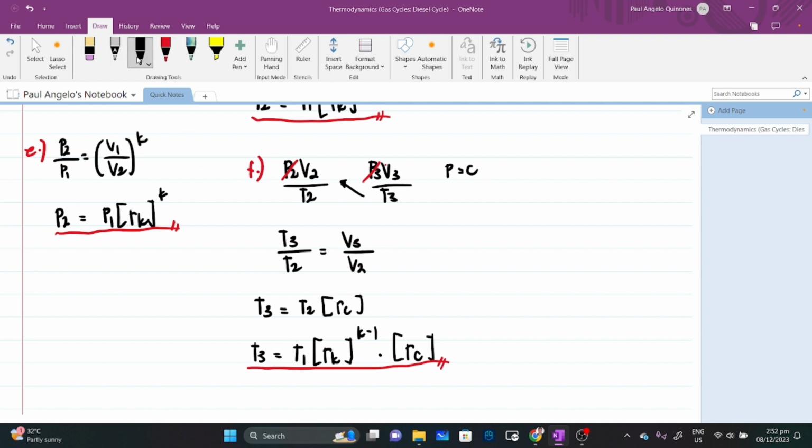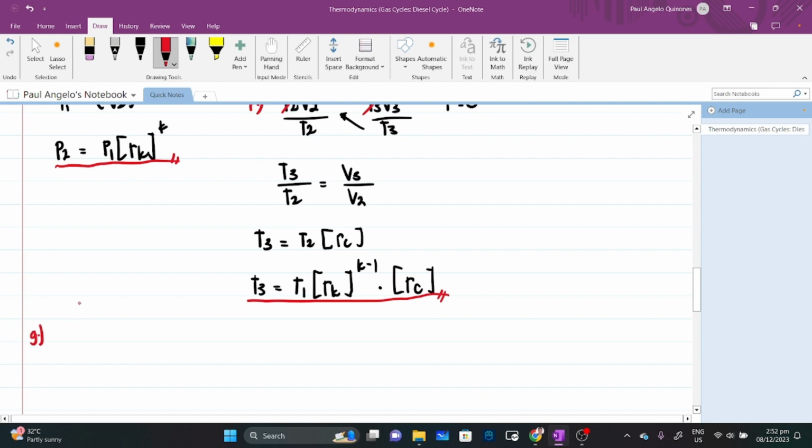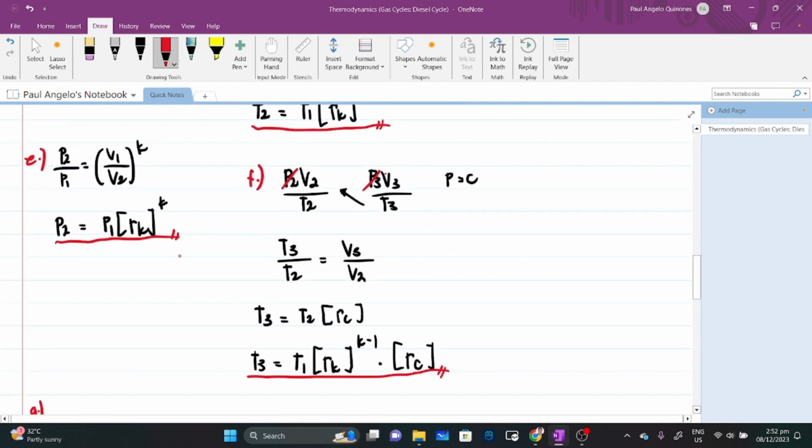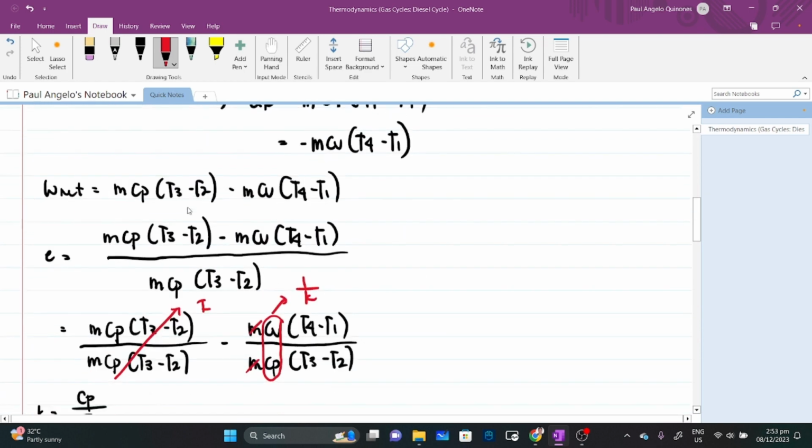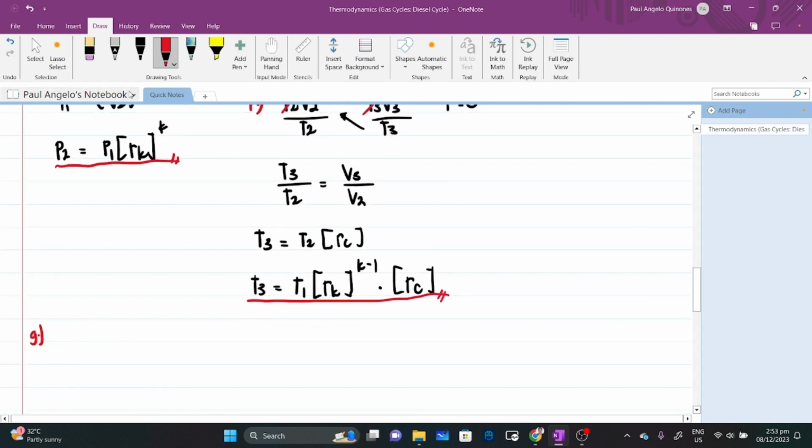Okay? Next, letter G. So for letter G, let's try to solve for T sub 4. Okay? So once we're done with point 3, we want to go to point 4 down here. So the process that we've passed through is an isentropic process. So we need to relate T4 and T3 isentropically. That is T4 over T3 is equal to V3 over V4 raised to K minus 1.